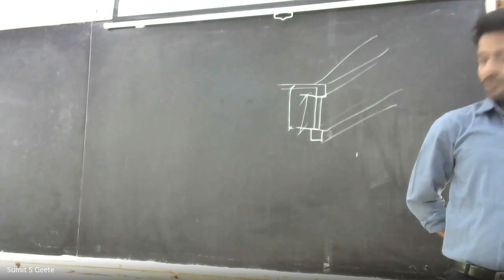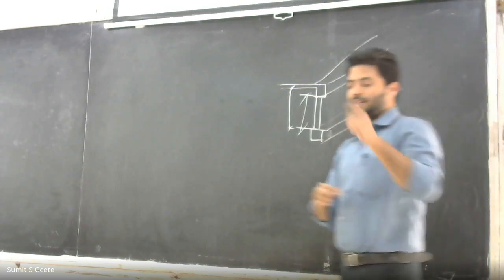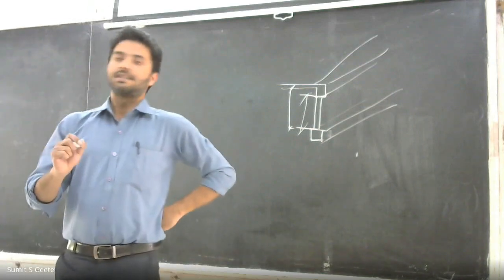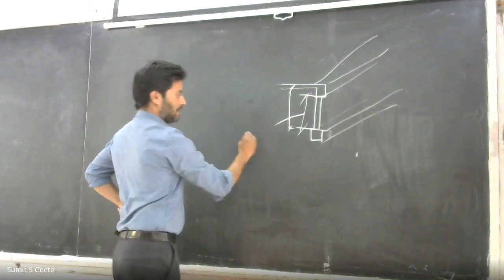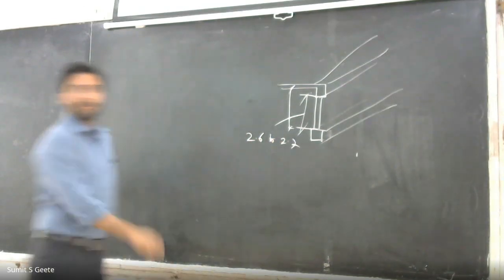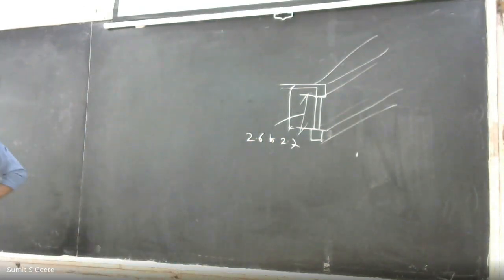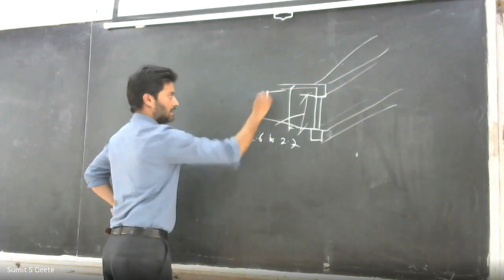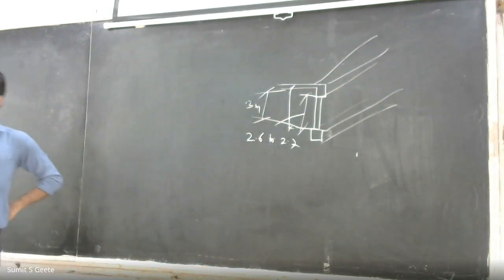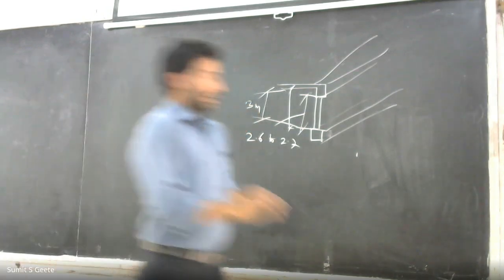Clear? So generally, if we provide a 3-meter height, that is 10 feet, then this height generally comes between 2.6 to 2.7 meter, right? If we are considering this as 3 meter, is it okay?